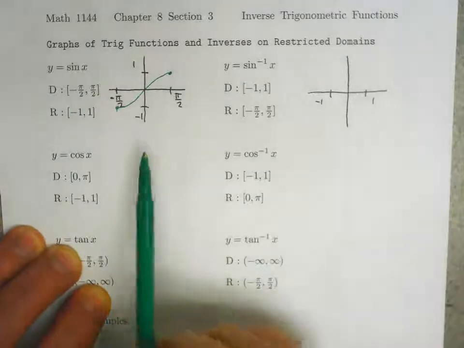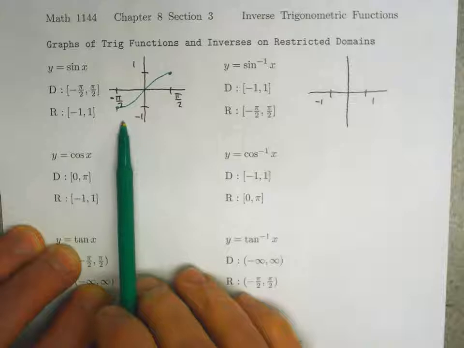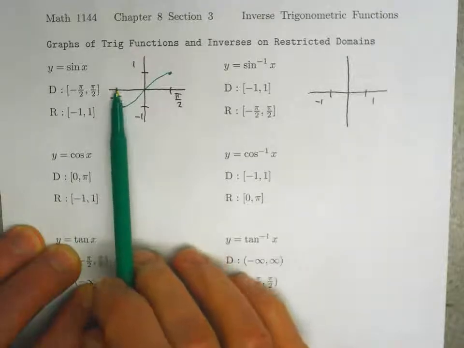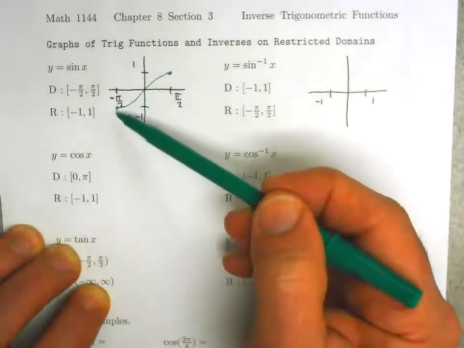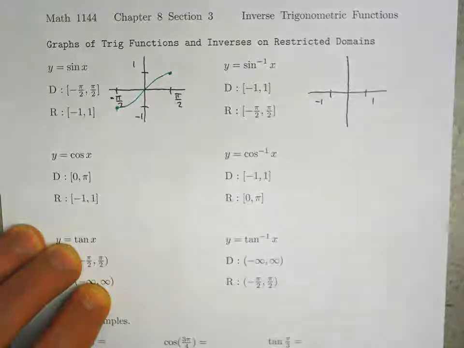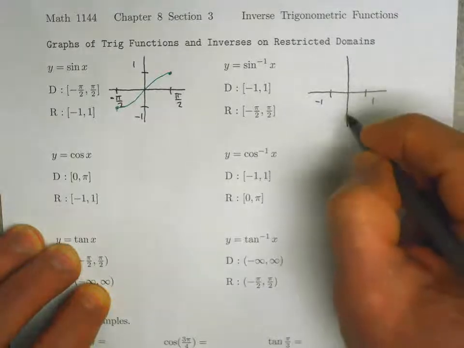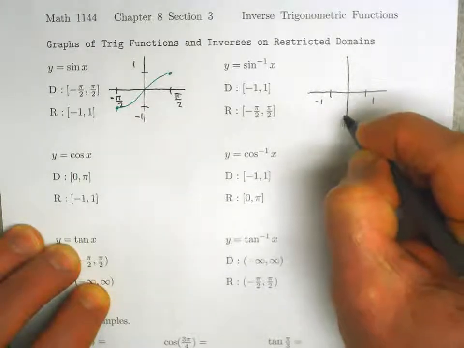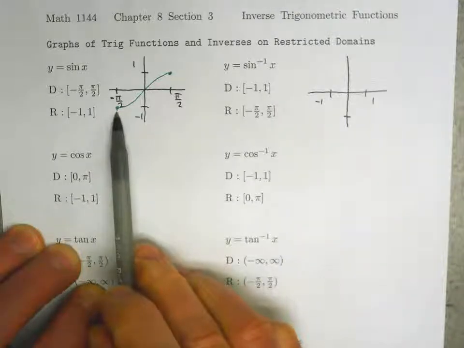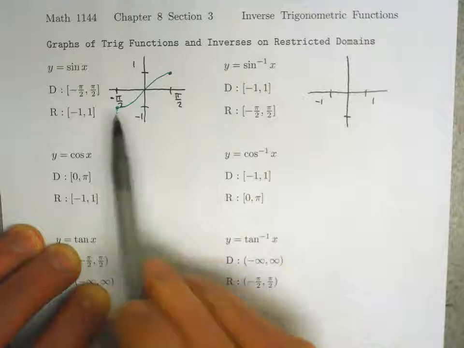And we could use the graph of y equals sine of x to help us. On the graph of y equals sine of x, we have the ordered pair negative pi over 2, negative 1. So that means on the graph of y equals inverse sine of x, we just interchange the x and y coordinates from y equals sine of x.